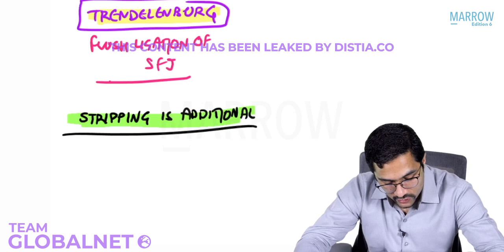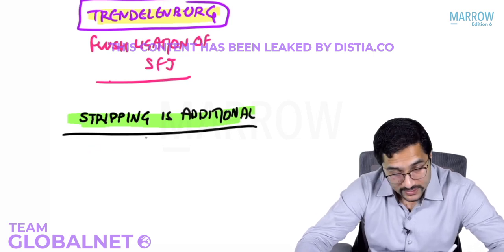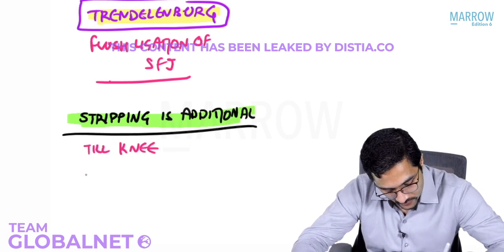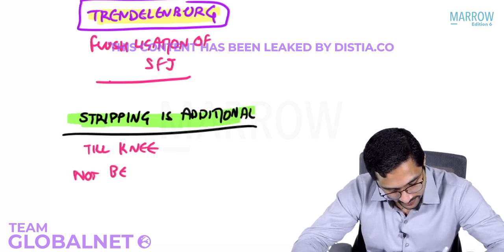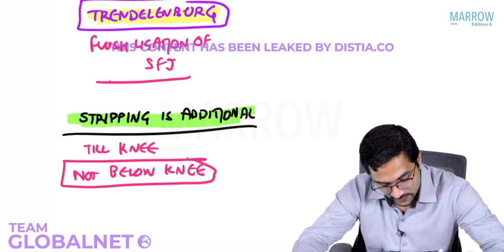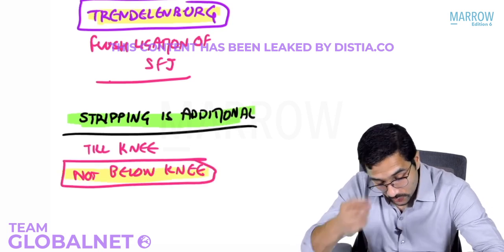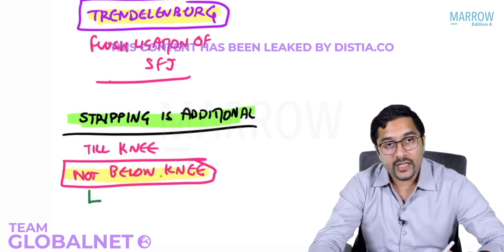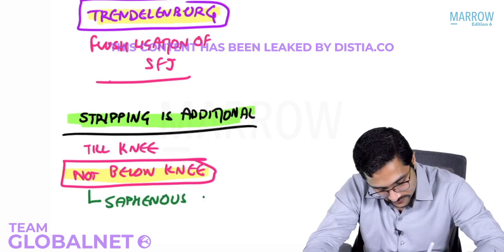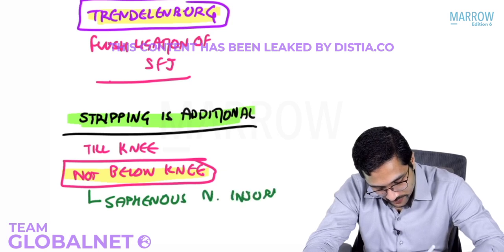And you should know that stripping of the great saphenous vein is done till the knee joint. Not below knee. Why not below knee? This I told you when I was covering the surgical anatomy. So if it is done below the knee, then which nerve can be injured? Correct. The saphenous nerve can be injured.